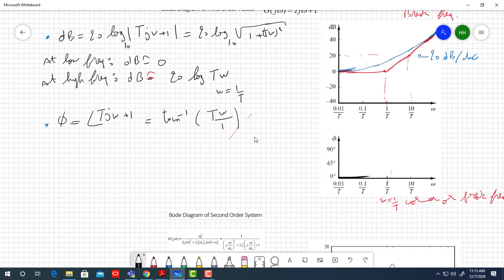Again, at low frequency, I have tangent minus 1 of 0. So phi approximately equals 0.